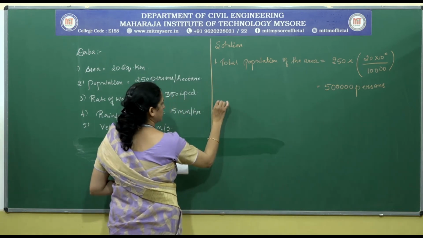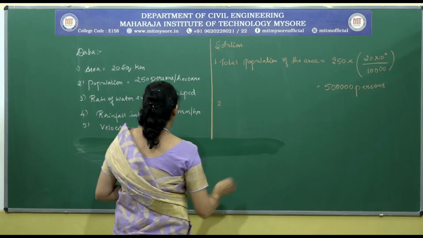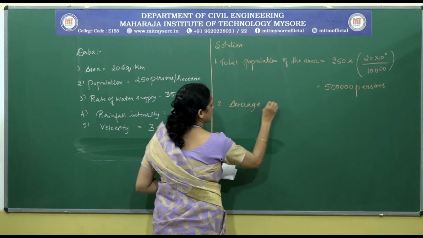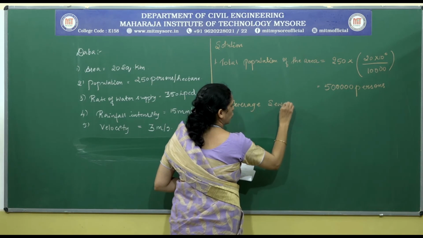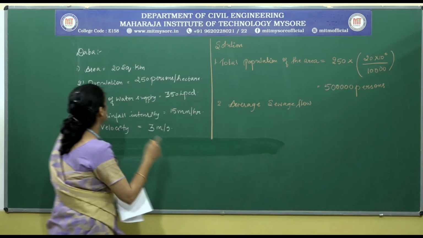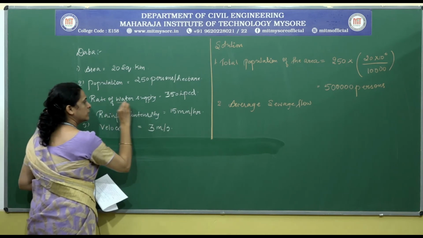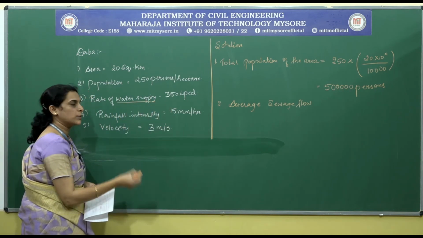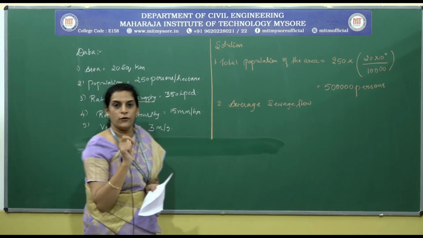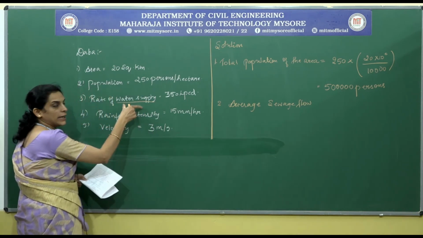So now next one is that we are supposed to calculate the average sewage flow, because we have the rate of water supply. So in turn we are supposed to calculate what is the average sewage flow from this rate.